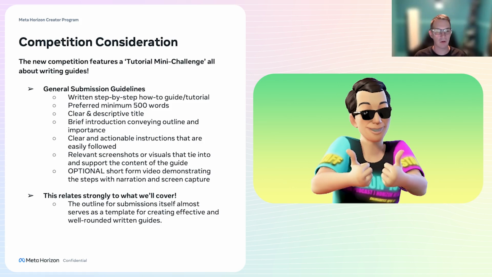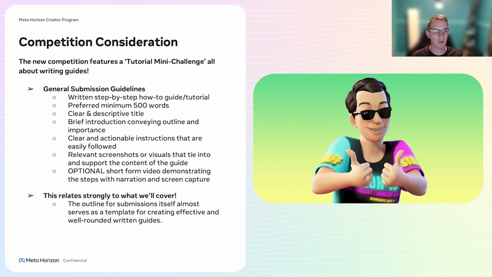The length is also a factor. They want a minimum of 500 words. The title must be clear and descriptive. An introduction: the guide must begin with a brief explanation of the task or the workflow that you'll be talking about. Format, length, title, introduction, instructions. Of course, that's the core of any good tutorial, a set of step-by-step instructions.